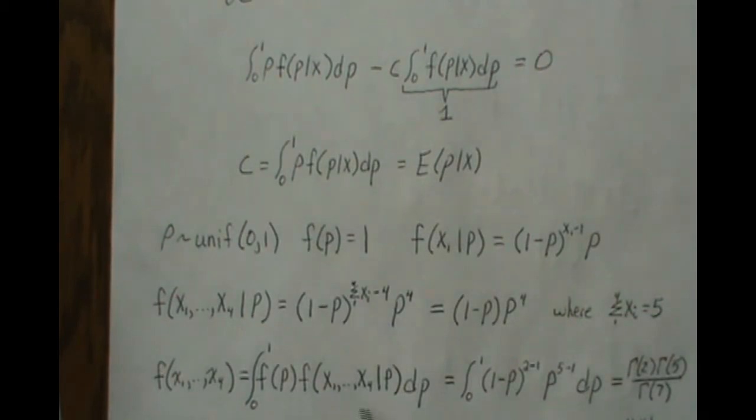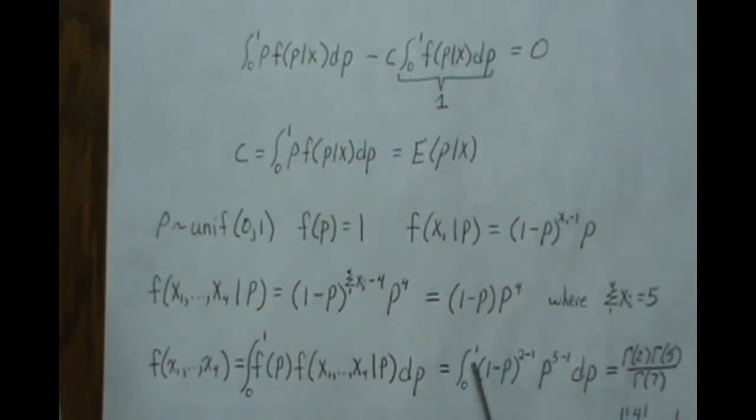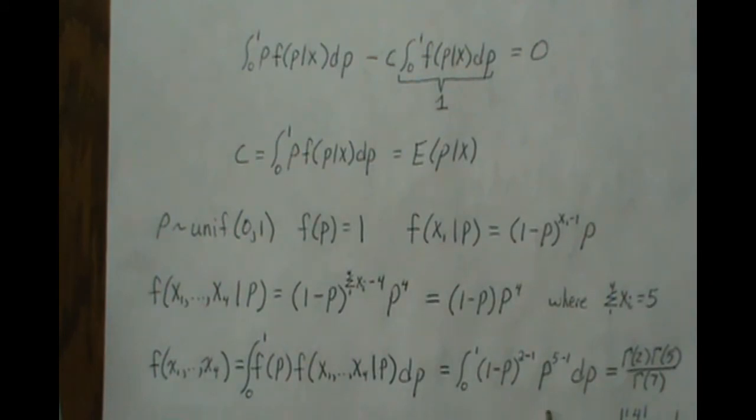So that's a 1. This we found out was this. And remember, this is a 1, so 2 minus 1 is still 1, and 4, so 5 minus 1 is a 4. I do this because then that is a beta distribution. And with the appropriate constant, it integrates to 1.